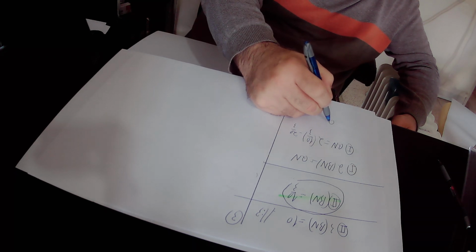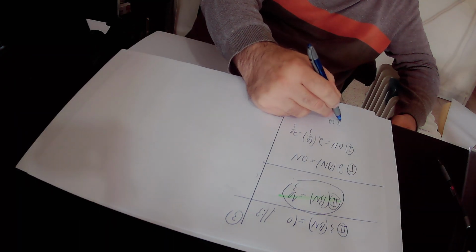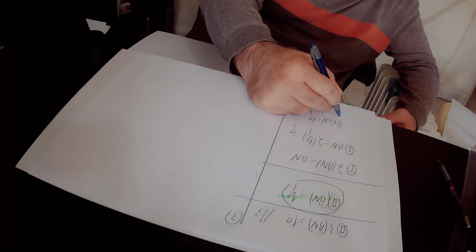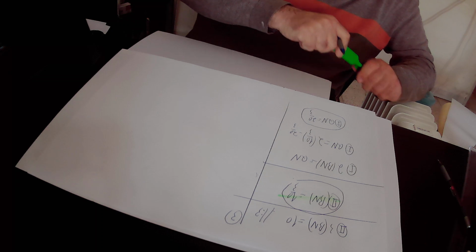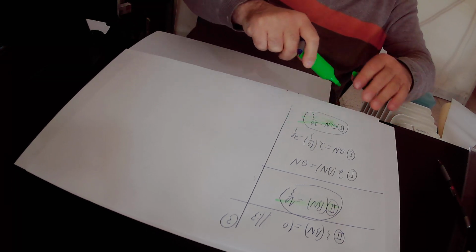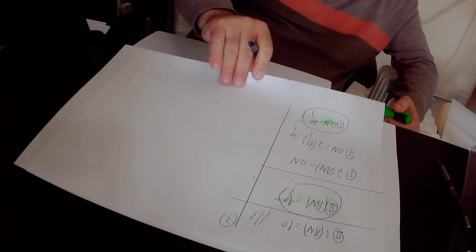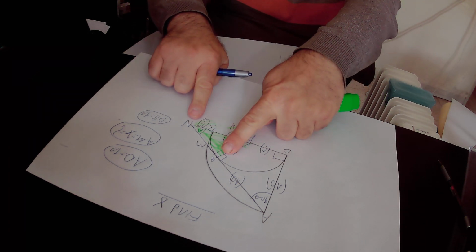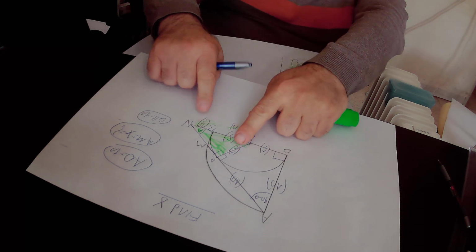So in conclusion, we found out that according to equation number 1, Qn equals 20 over 3 units in its length. This line segment Qn equals 20 over 3 units in its length.